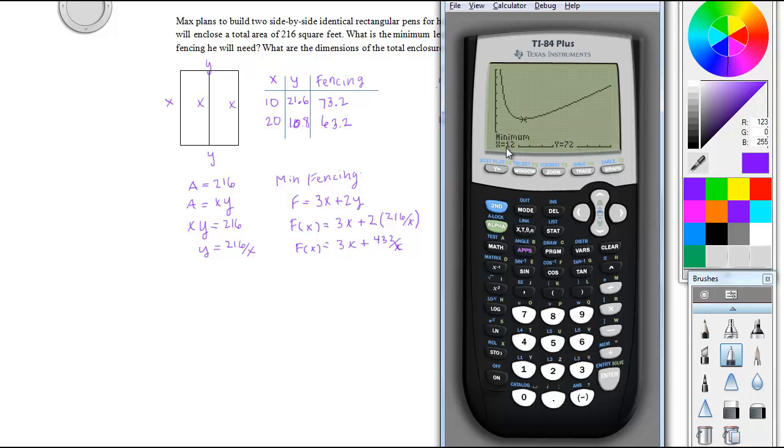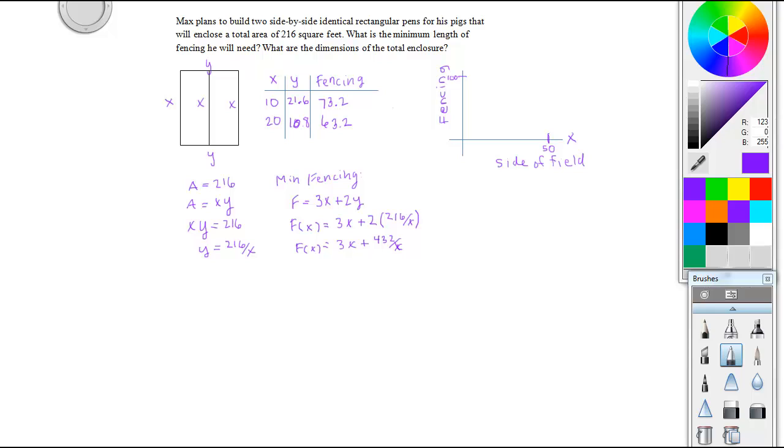Now sometimes your calculator will display 11.9999 or 12.001, but you can tell even in that case that it's trying to be 12 and you can just trust it. So let's go back to our picture here, and I'm going to change this to a 200 and then just sketch in the graph that I saw. I'm not going to worry about accuracy too much, but I know this point here is 12, 72, which represents x, fencing.